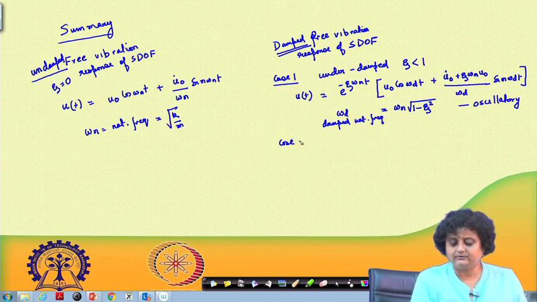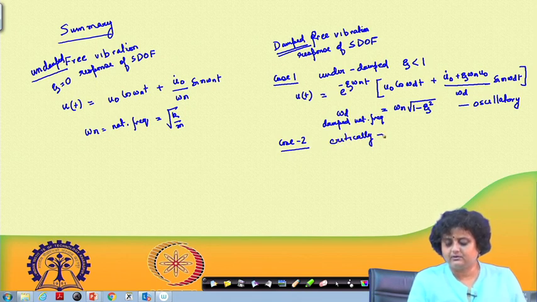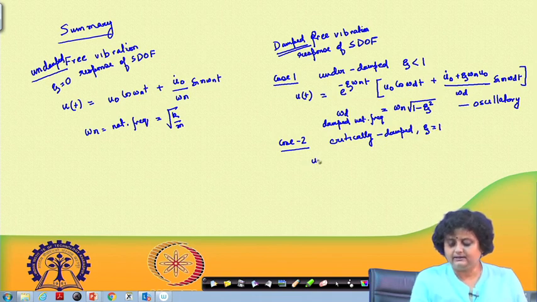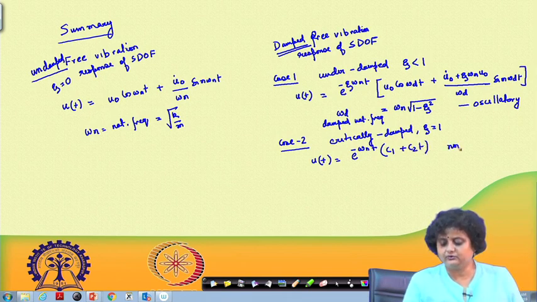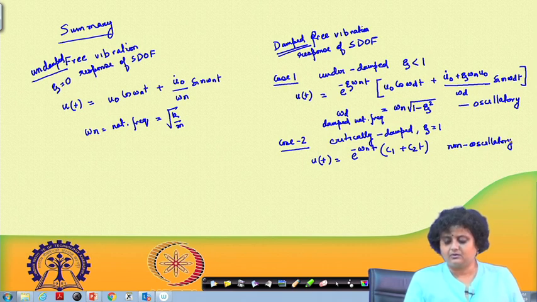And then we have found out that case 2 was critically damped, with zeta equals 1. So, there the response u t is e to the power minus omega n t into C 1 plus C 2 t. Okay. This is non-oscillatory motion. Okay.